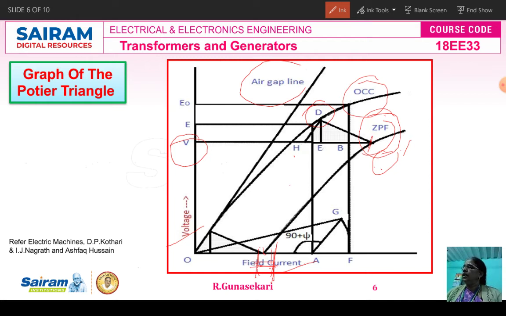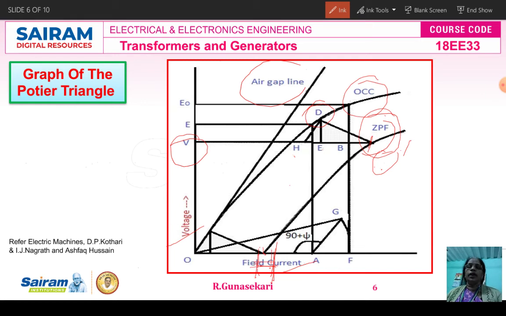Then a perpendicular line, that is DE, is drawn perpendicular to the O dash H. The length DE gives the voltage drop because of armature leakage reactance drop IaXal.